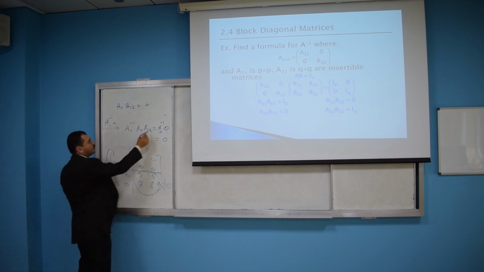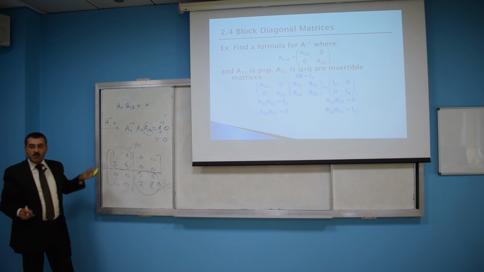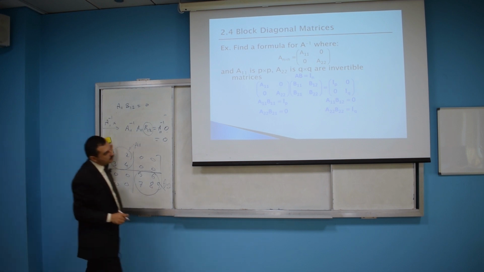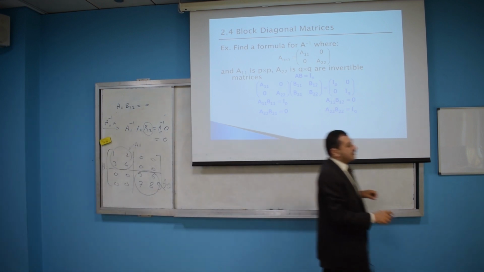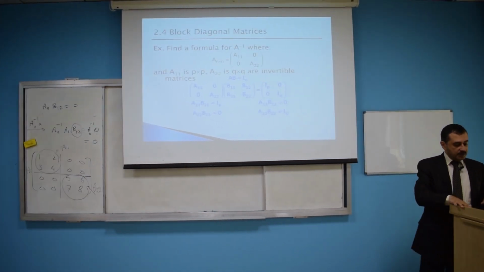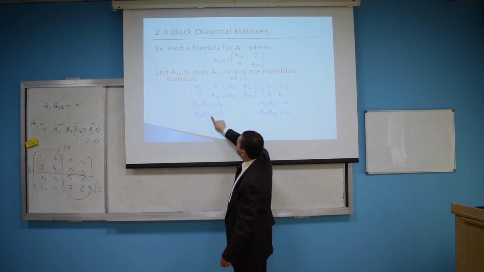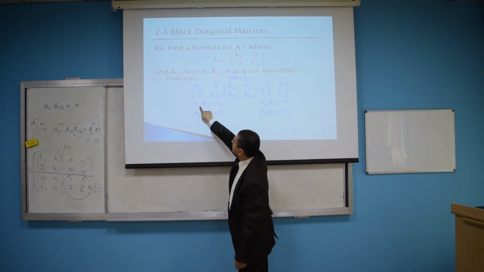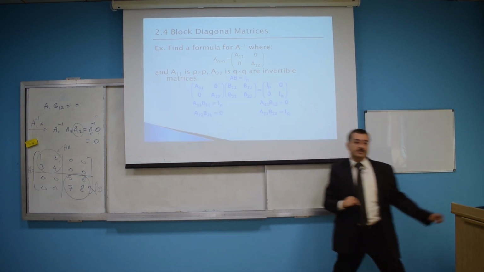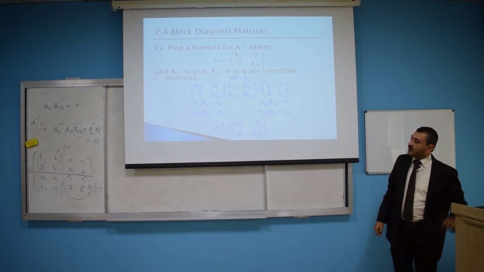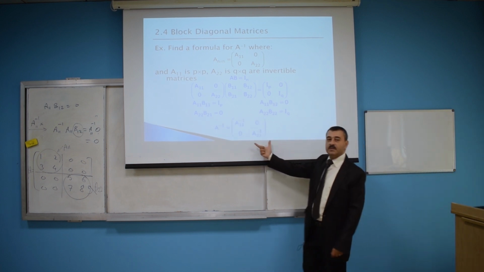So we'll get B12 equal to 0. This guy's identity. So you will end up with these guys are zeros, B12 and B21, and these guys are the inverse of these guys. So you can end up by this inverse.